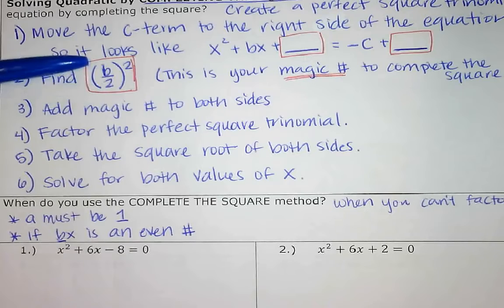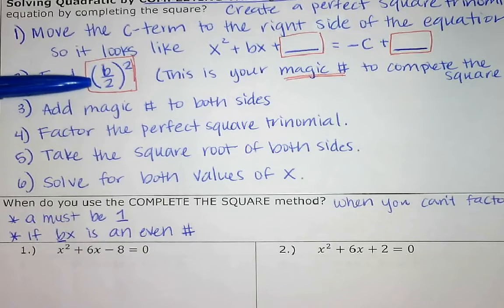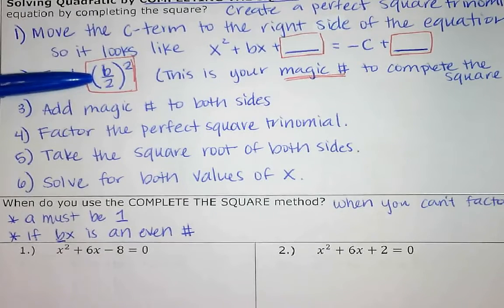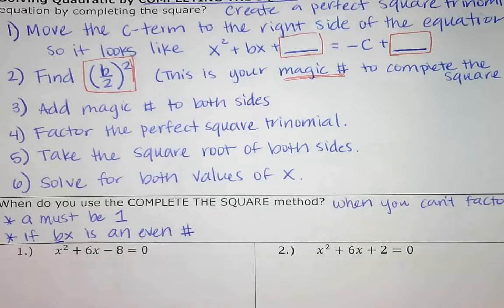And so taking the square of a fraction is really annoying. Does that make sense? Squaring a fraction just makes it really messy. So guys, I only recommend using completing the square if your b is an even number. If your b is an odd number, then you get to use the quadratic formula, which we're going to talk about after spring break. Okay?